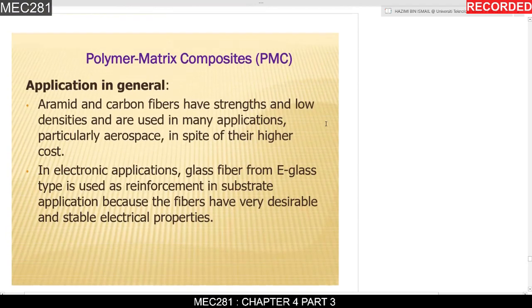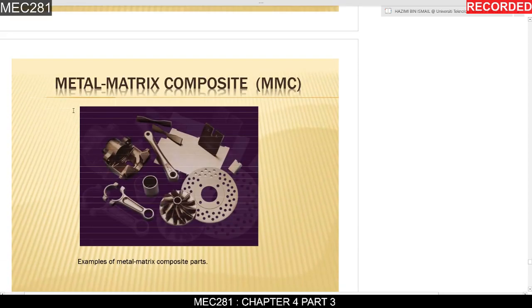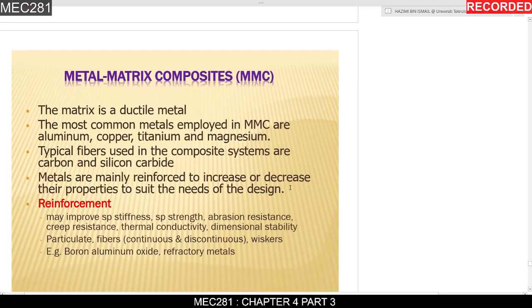Okay, and then now we go to the MMC, metal matrix composite. So for sure the matrix used in the MMC is coming from the metal material. Okay, the matrix is a ductile metal. If not metal, it cannot be called MMC, right?